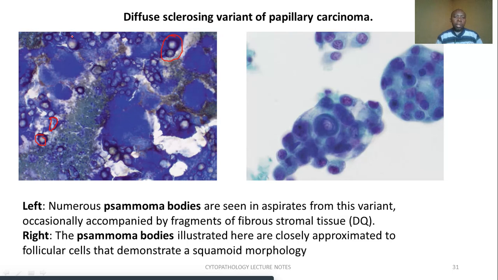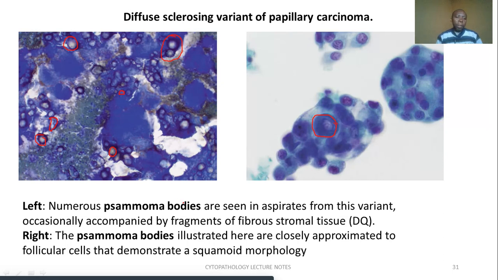So some are big and others are small. Even these smaller ones, you can see here, these are all psammoma bodies. So looking at this, the background is typical of a psammoma body background. We can really appreciate seeing these psammoma bodies here.